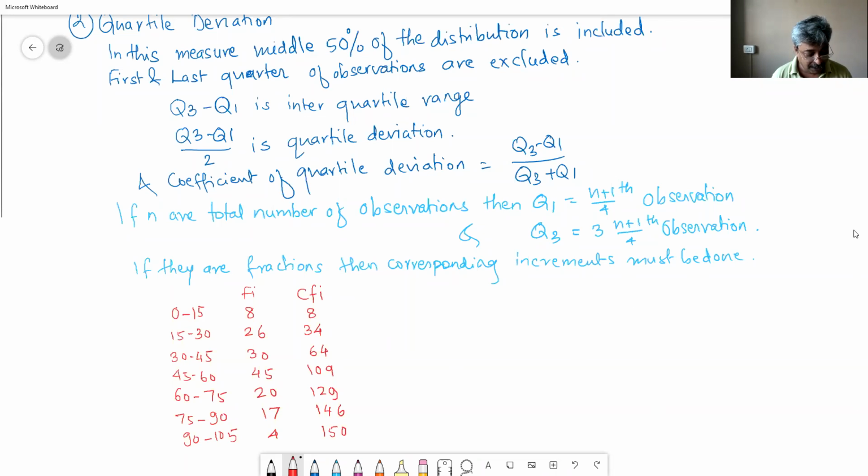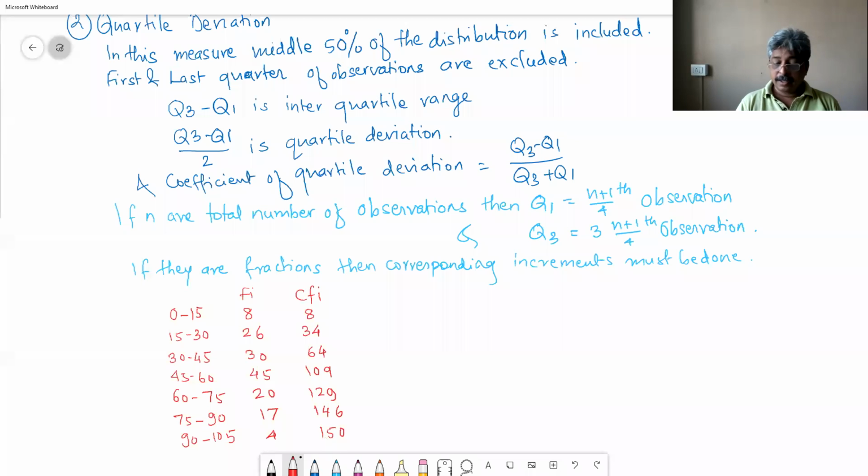So find out range, find out quartile deviation. I give you 5 minutes. Okay. There are total 150 observations.